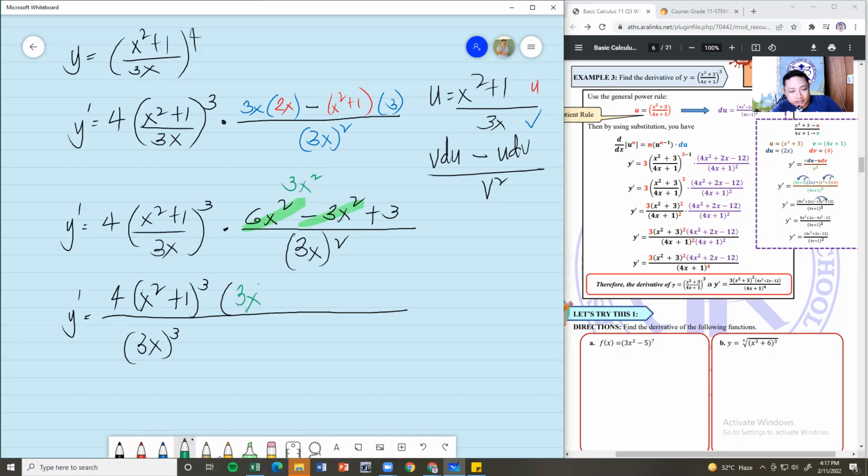Times 3x squared plus 3 over 3x squared on the outside.